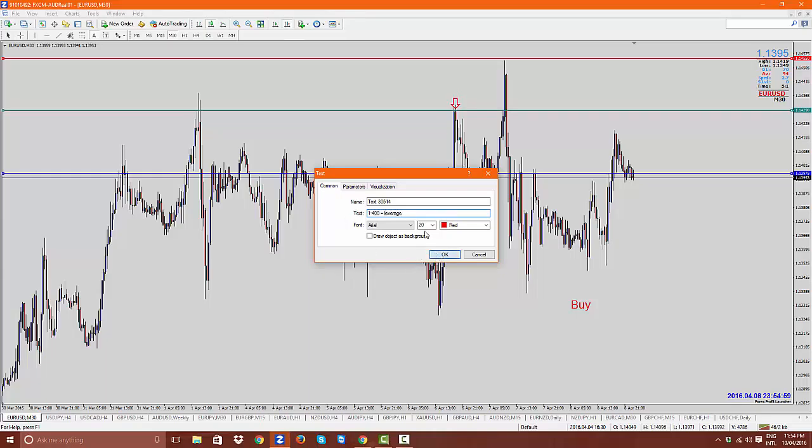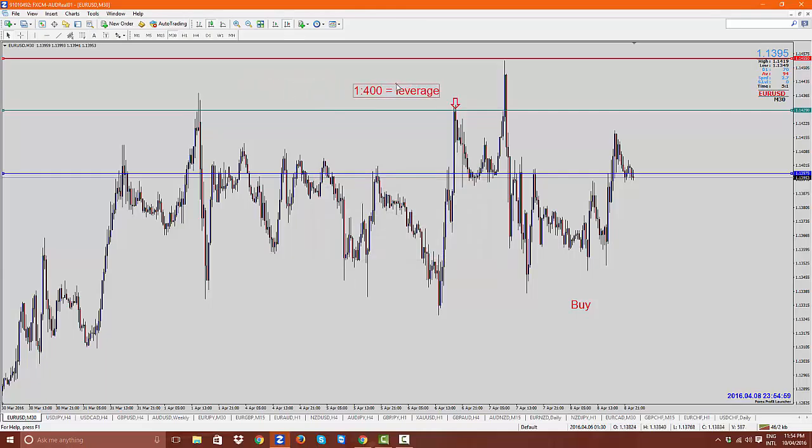Leverage is about how you can gain access to more volume, more trade shares, even if you have a lower amount of money. So let's not confuse this leverage too much.